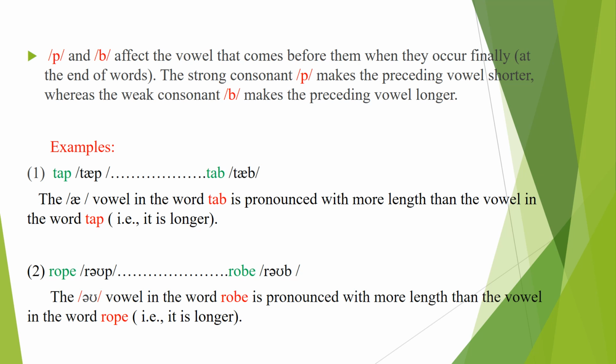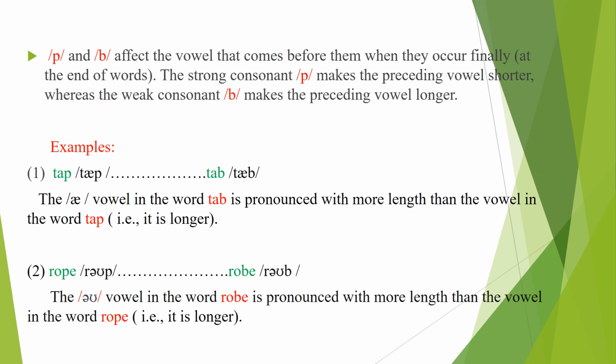P and b affect the vowel that comes before them when they occur finally. The strong consonant p makes the vowel that comes before it shorter, whereas the weak consonant b makes the vowel that comes before it longer. Example, tap, tab.